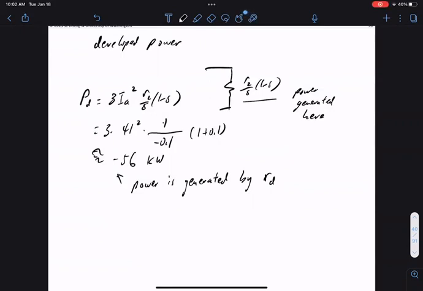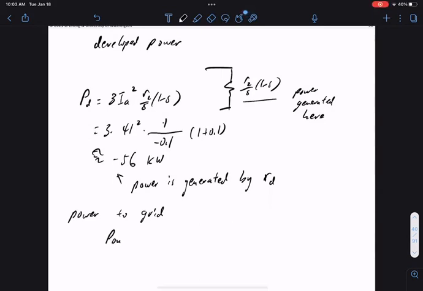So how much power is delivered to the grid? How do we compute that? This is my power generated. What about power delivered to the grid? We'll include also the power losses. You take this generated power and subtract the power you lose on R1 and R2. That will be the power delivered to the grid.